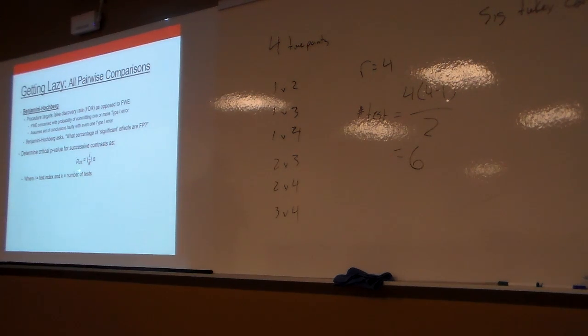So here, your p-critical is going to be, with k the number of tests, the index over the number of tests times alpha. If you only have one test, you'd go 1 over 1 times 0.05, so your p-value is going to be 0.05. But in this situation we've got 6 tests.